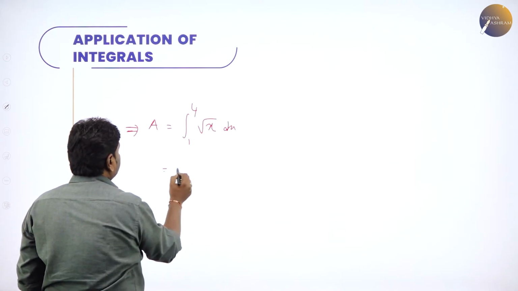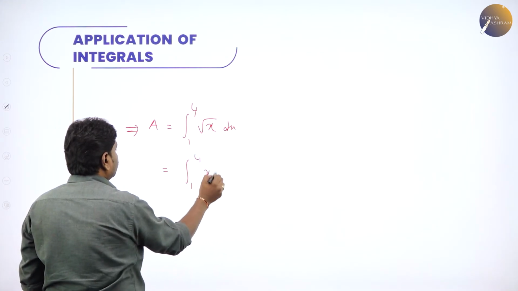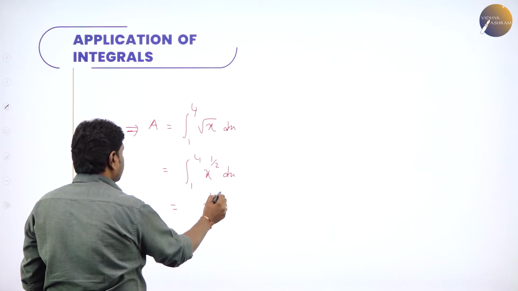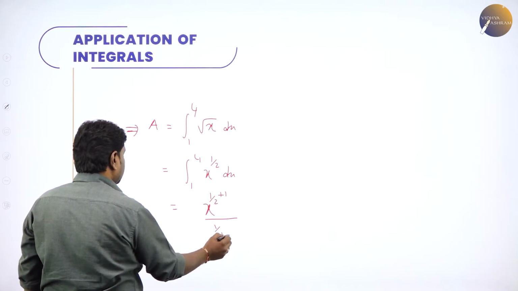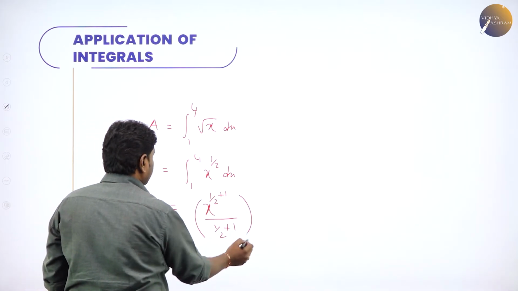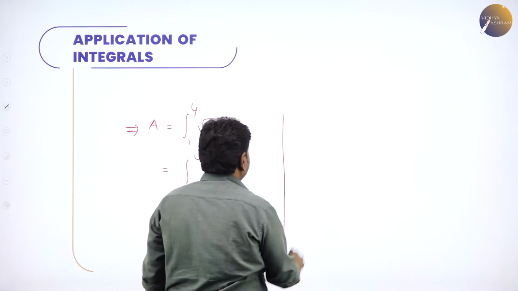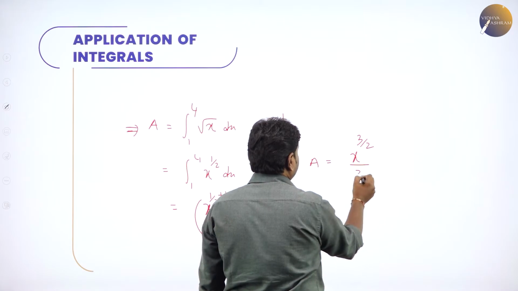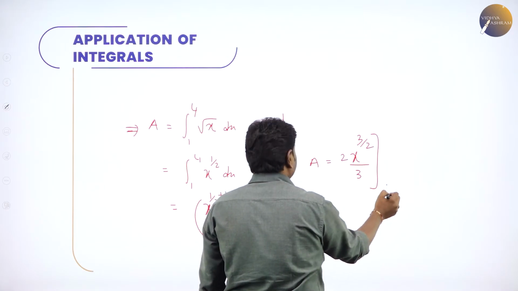What is integration of root x? Integration of 1 to 4 x power half dx. So integration of x power half is x power half plus 1 divided by half plus 1. From where to where? 1 to 4. That is area is equal to x power 3 by 2 divided by 3 by 2 from 1 to 4.